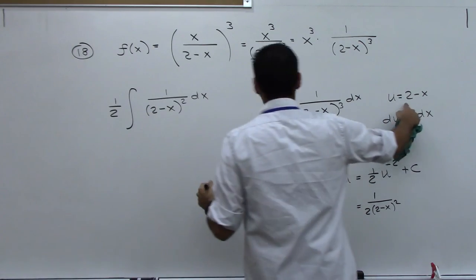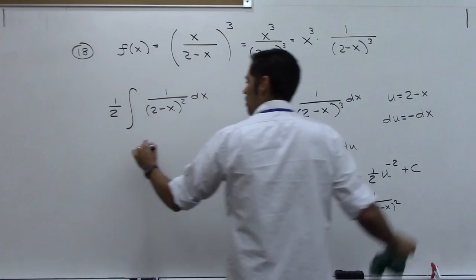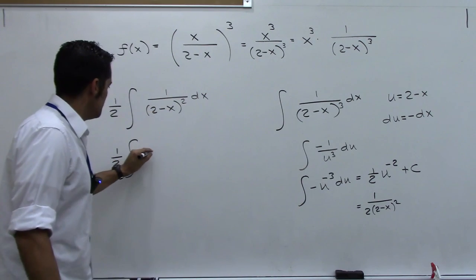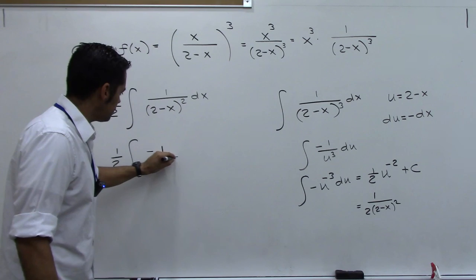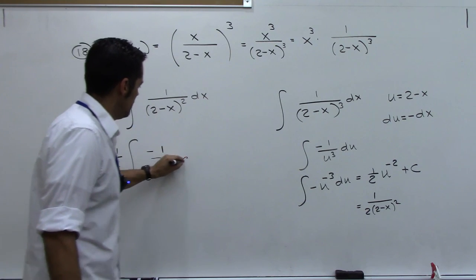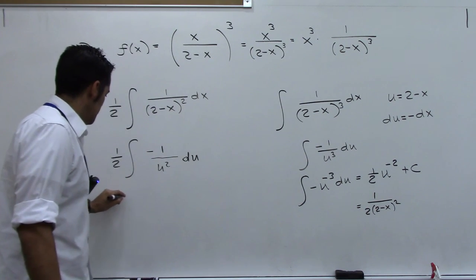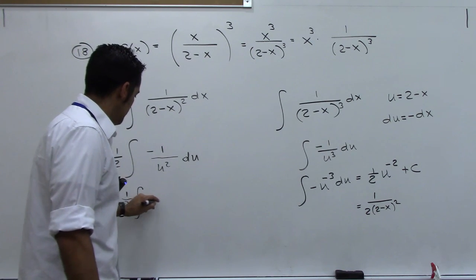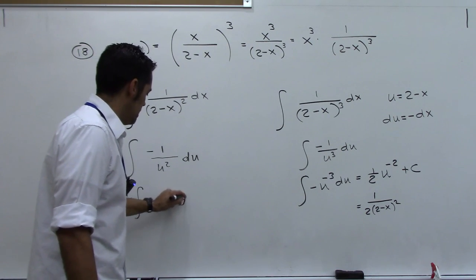I'm using the same substitution. When I do that, I have 1/2 integral. When I rewrite this, it's going to be negative 1 over u squared du, which is 1/2 times the integral of negative u to the negative 2 du.